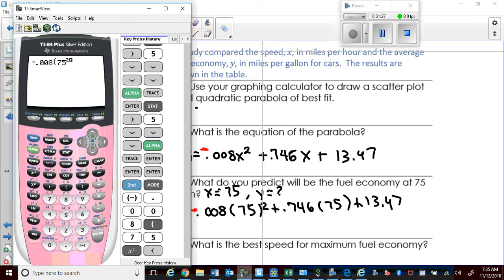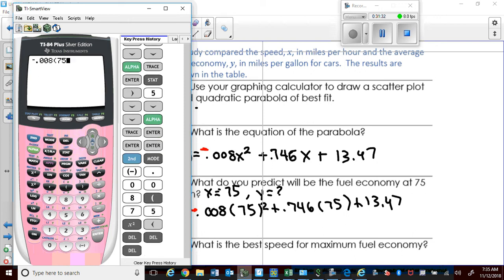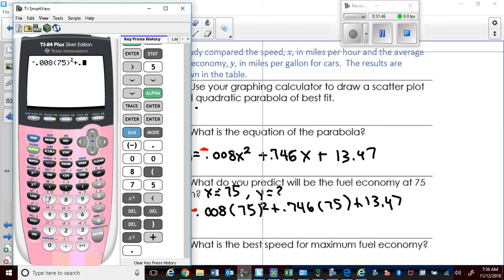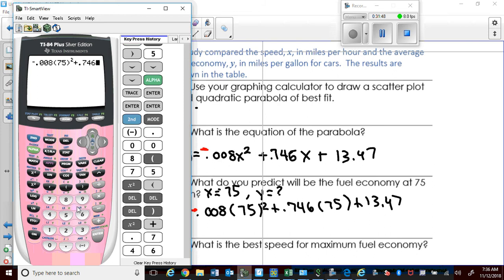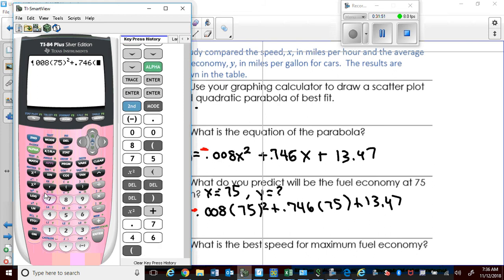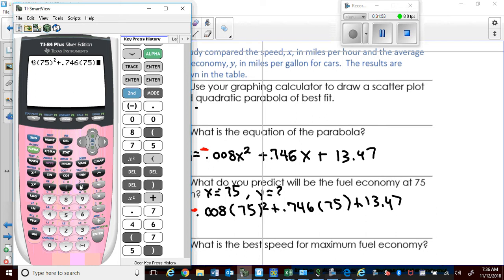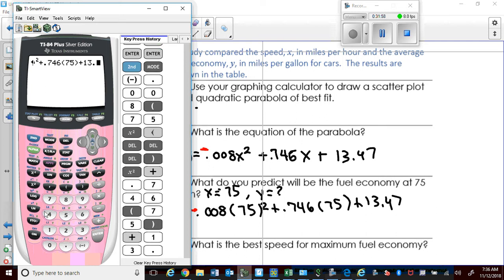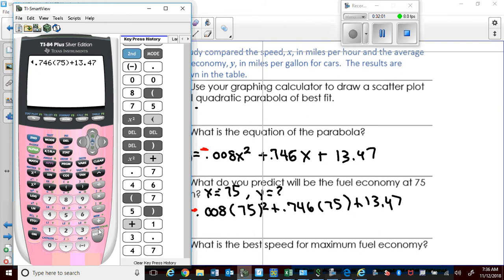Make sure you close the parentheses, parentheses squared, plus 0.746 times 75 plus 13.47, enter.